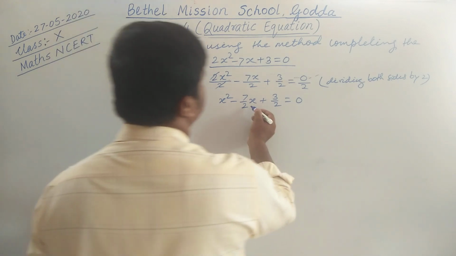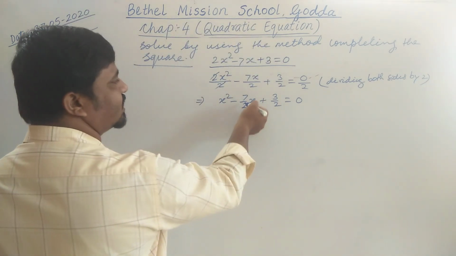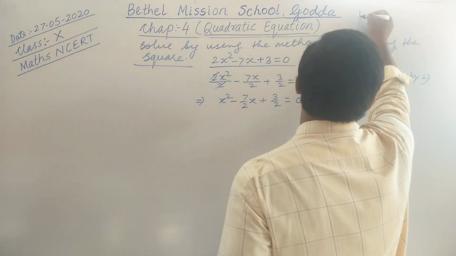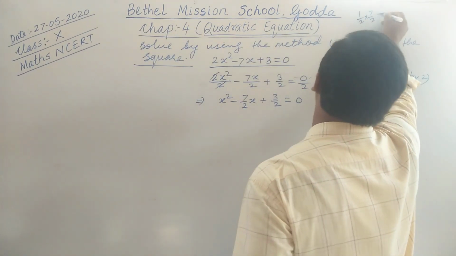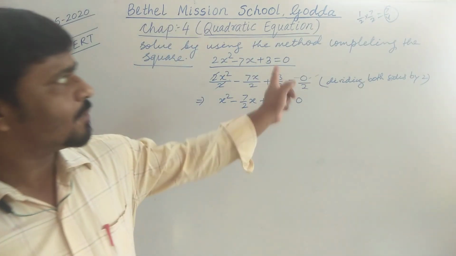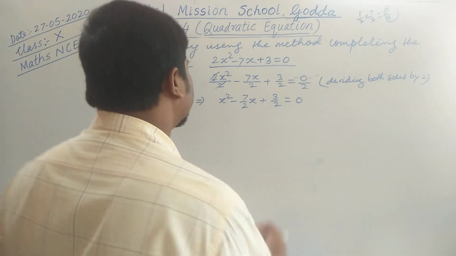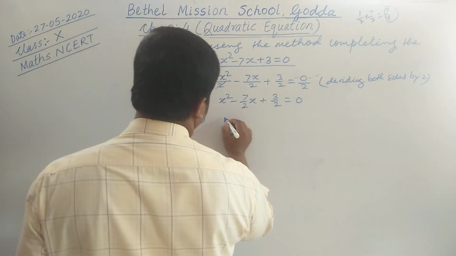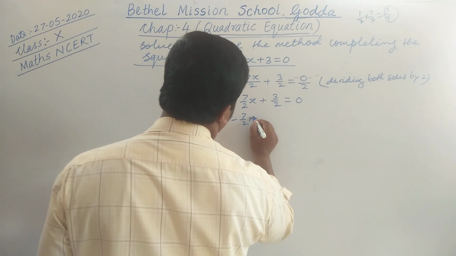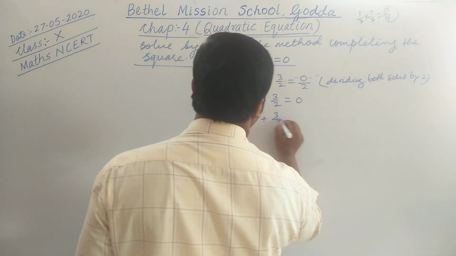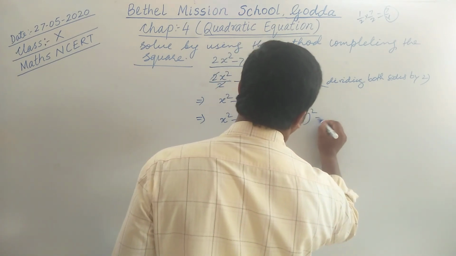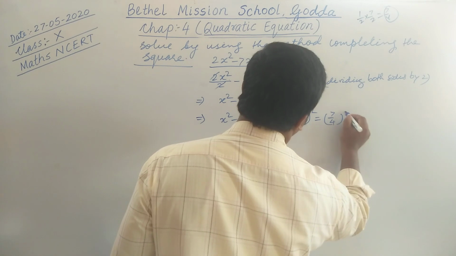The coefficient of x is 7/2, and half of it is 1/2 × 7/2 = 7/4. So the square of 7/4 is added to both sides: x² − (7/2)x + (7/4)² = (7/4)² − 3/2.